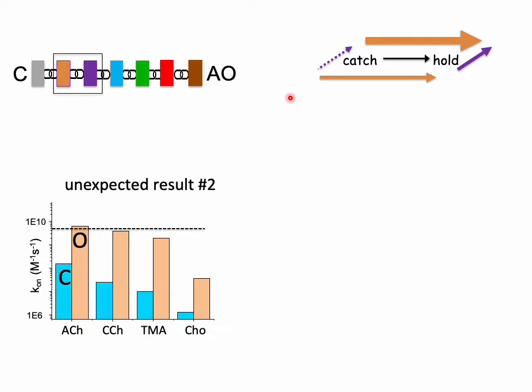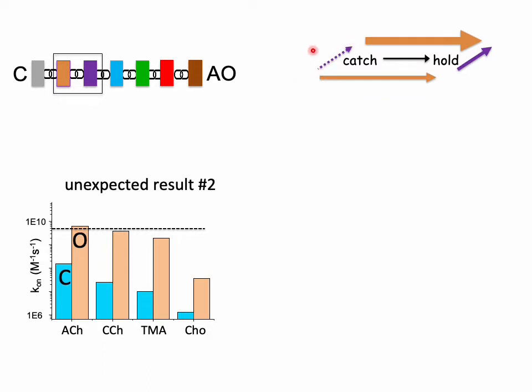And the idea is shown in this thermodynamic cycle to the right, which is this line at the bottom is the catch conformational change, and this purple line here is the hold conformational change. And in Chapter 3, we showed that the catch event lowers the transition state for the hold event so that hold can take place. So that hold very rarely takes place without catch happening.